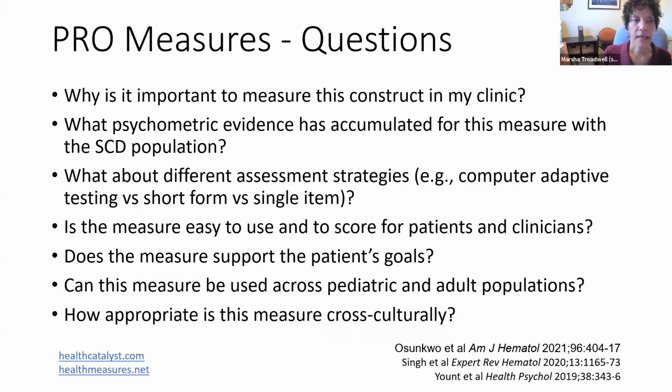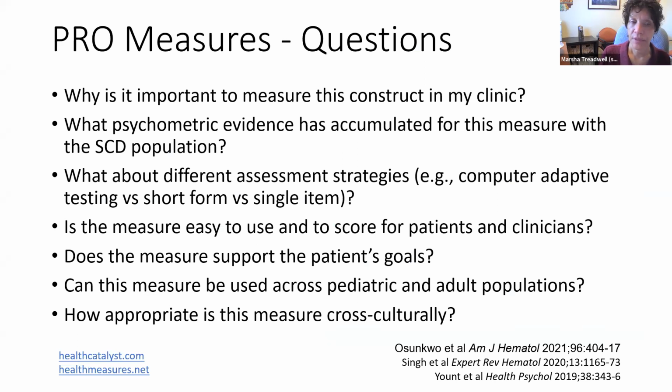So from a clinical standpoint, the questions to ask yourself about these patient-reported outcomes is, why is it important to measure this construct in my clinic? And you want to, again, think about what are the characteristics of your population.